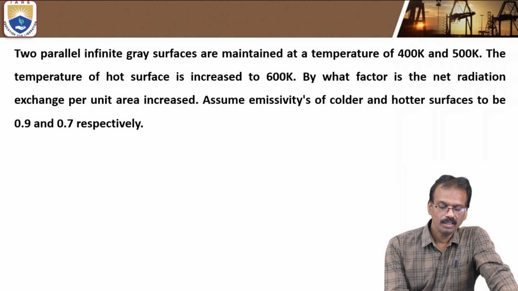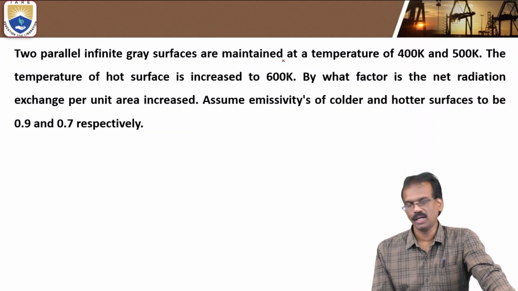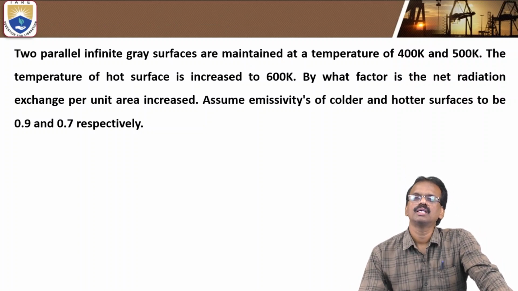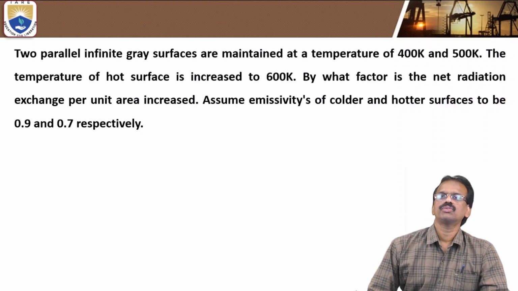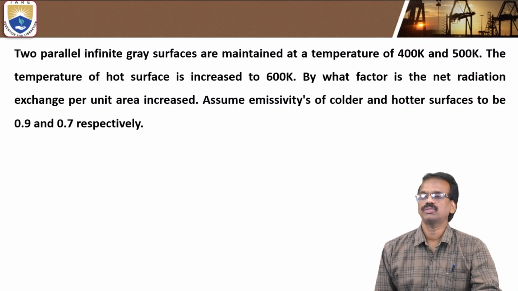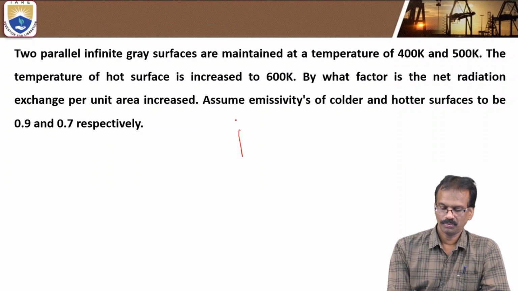Two parallel infinite gray surfaces are maintained. So these are two parallel infinite gray surfaces. Infinite means you can consider both areas are the same. Okay, so the gray surfaces are maintained at temperatures. Temperature of first surface, this is surface 1. This one is surface 2.